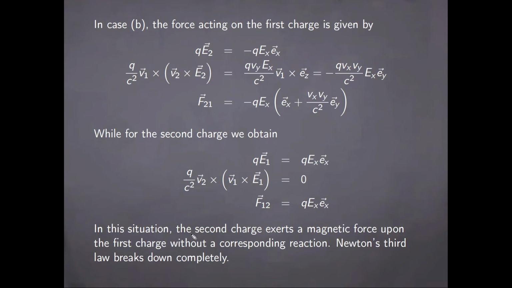So in this situation, the second charge exerts a magnetic force upon the first charge without a corresponding reaction. Newton's third law breaks down completely, which implies that neither angular momentum nor linear momentum are conserved for such a system.